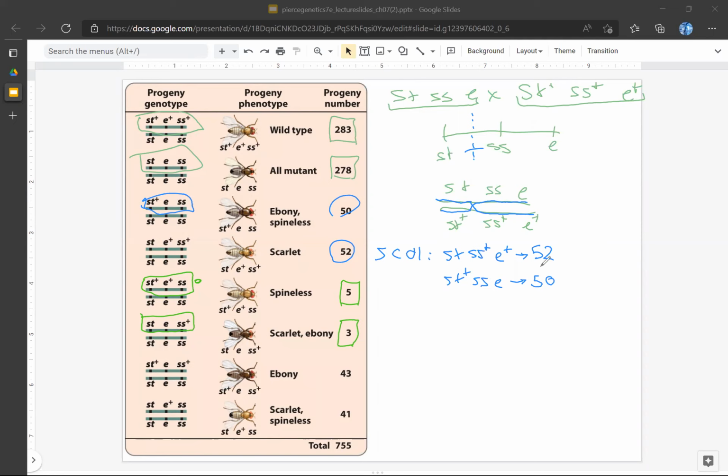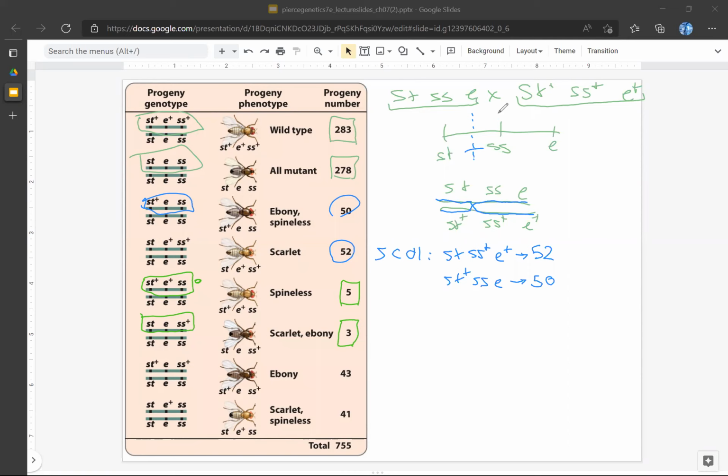So there are 52 and 50 of these individuals that saw a crossing over happen only at the locus between the ST and SS genes. And so now that we have this, we can find the distance between the ST and SS genes.